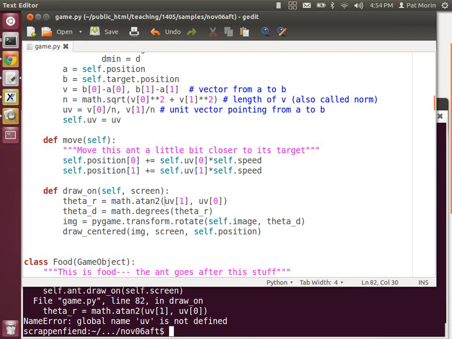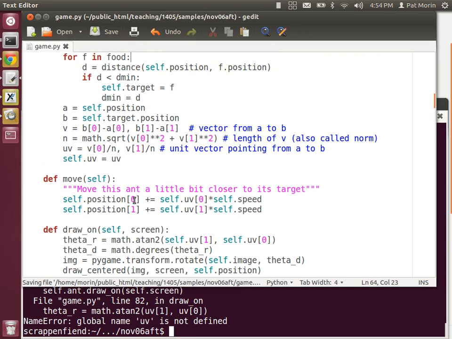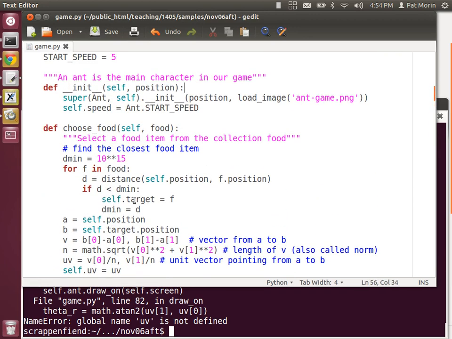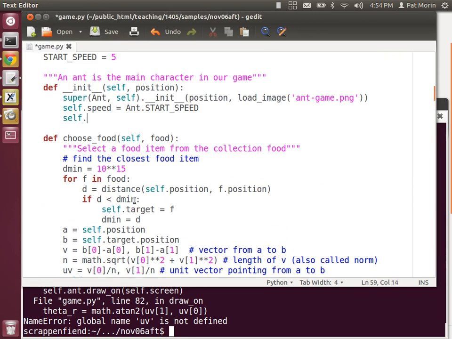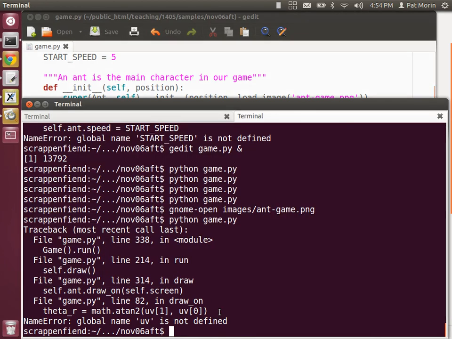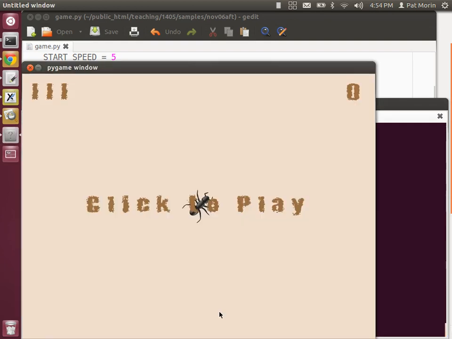Crash. Global name UV is not defined, and that's on line 82. And there's actually going to be another issue that I'll fix now before it pops up.